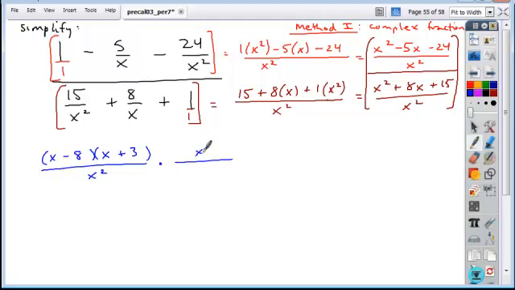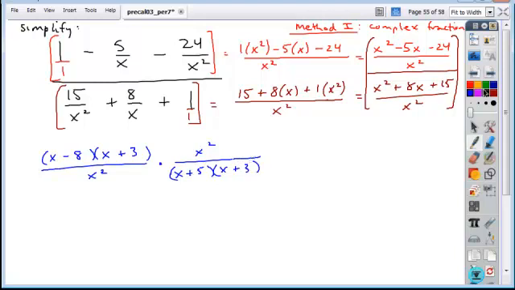So the x squared gets moved up, and I am going to put the factored form of this expression in the denominator. Once again, we have a leading coefficient of 1, so we're going to have binomial factors of x. The second terms of each of those factors will be the two numbers whose product is positive 15 and whose sum is positive 8. So plus 5 and plus 3.